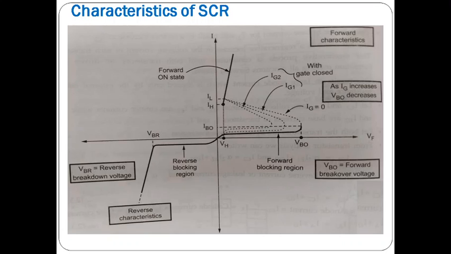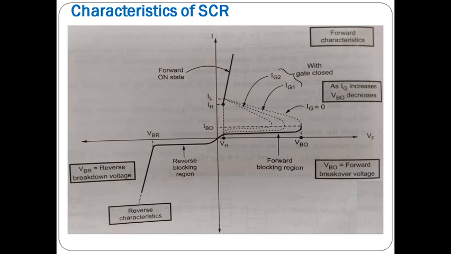Latching current, or IL, is the minimum current flowing from anode to cathode when SCR goes from off state to on state and remains in the on state even after gate bias is removed. This latching current is greater and very close to the holding current.